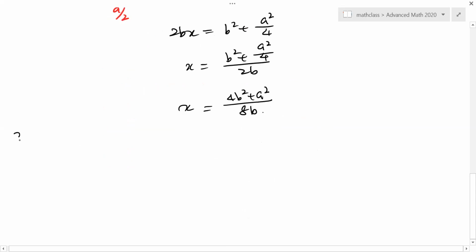Another problem we want to do is: I have a rectangle. Inside the rectangle, I have a right triangle.